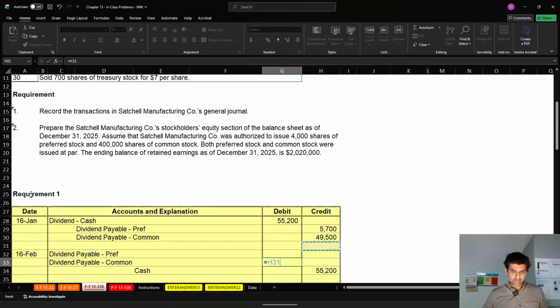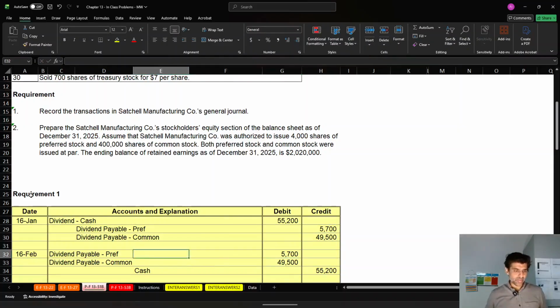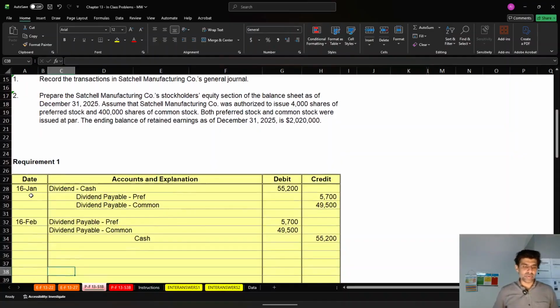And the common is this. And this one is this. Okay, so now these dividends payable are now zero. And we've paid our cash dividends to our respective classes of equity. Okay. Any questions on this?